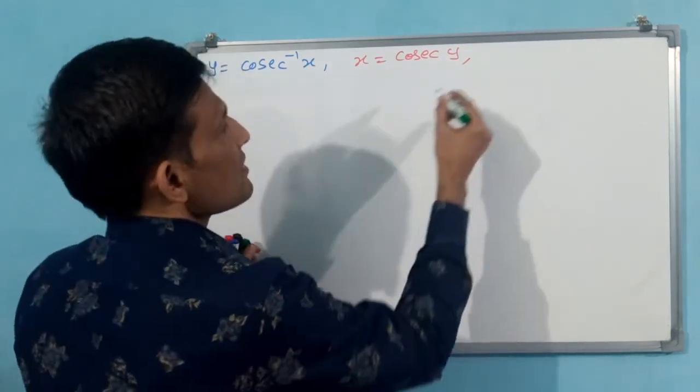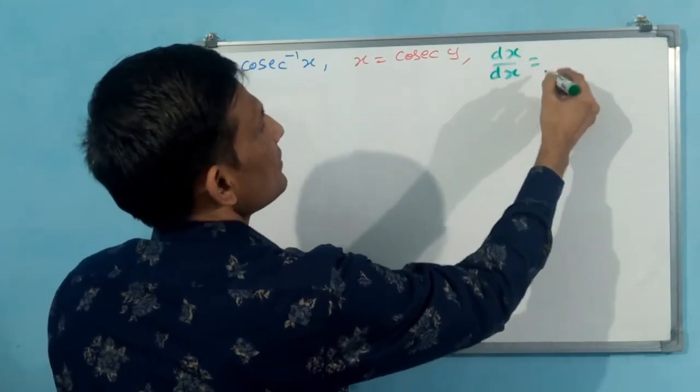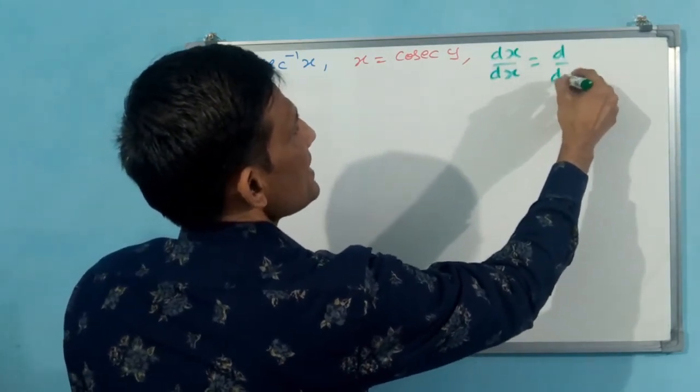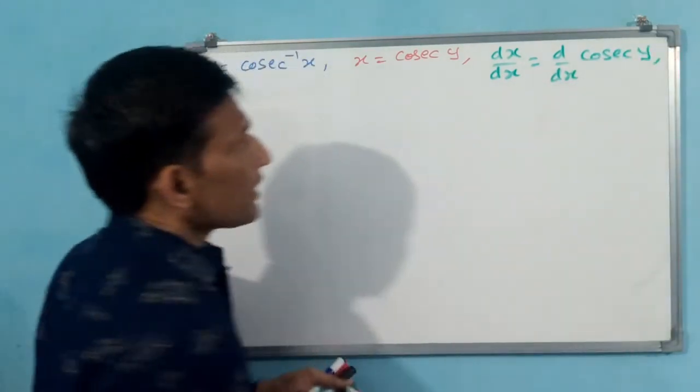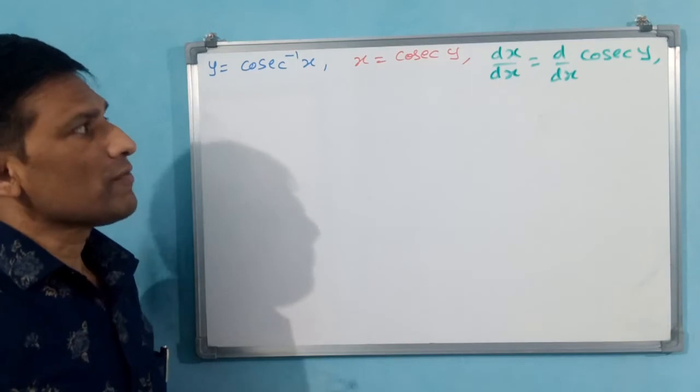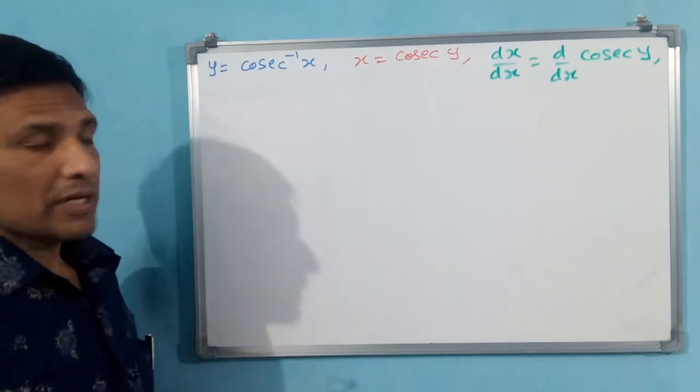Now you take the derivative on both sides. d by dx of x is equal to d by dx of cosecant y. That also we have written.